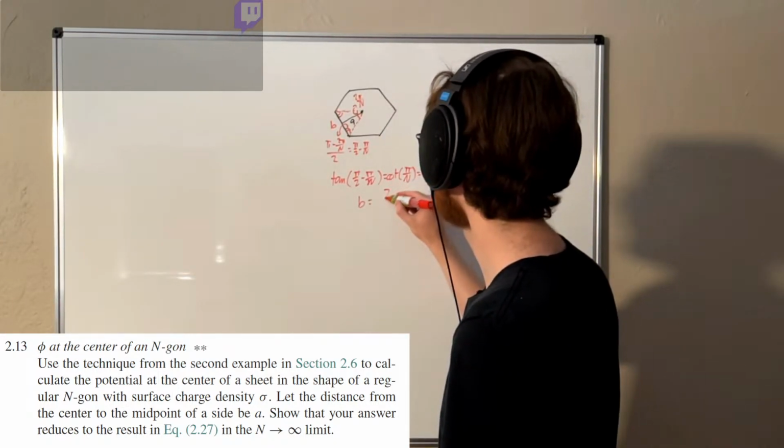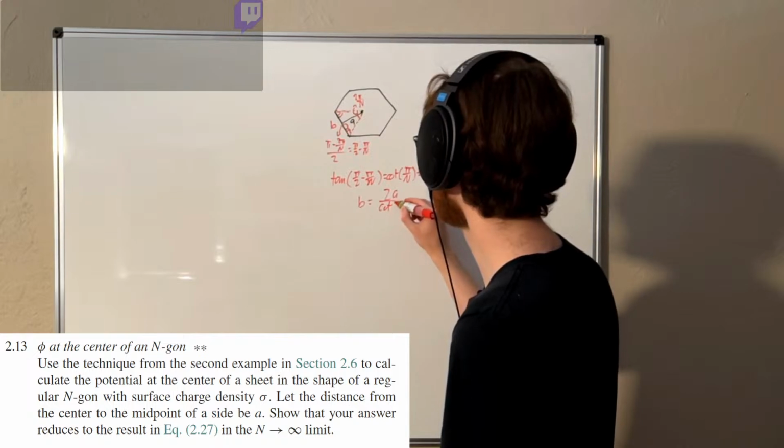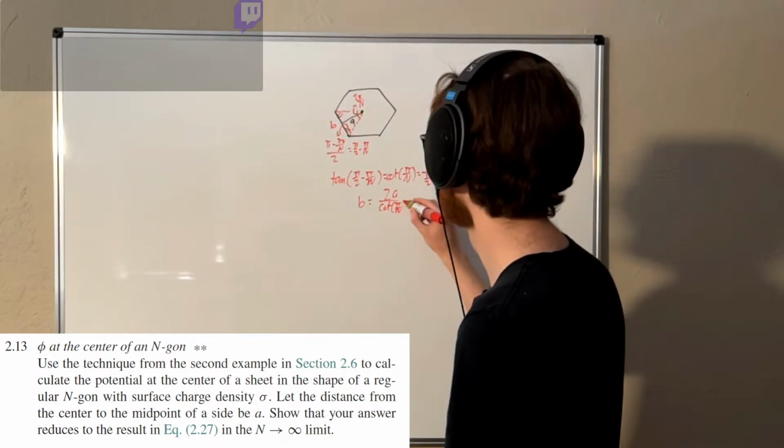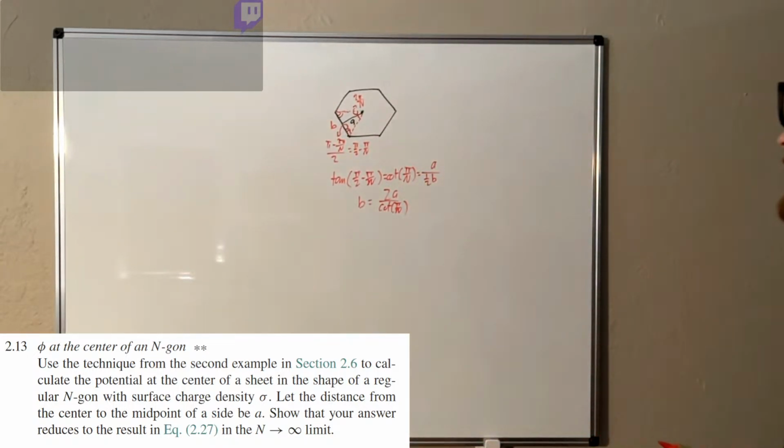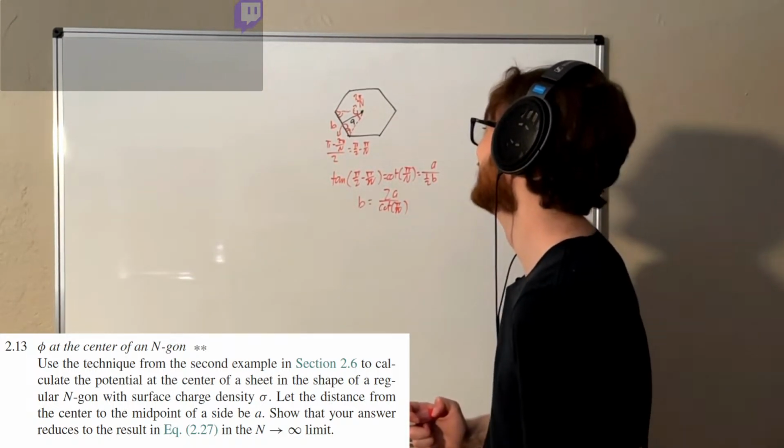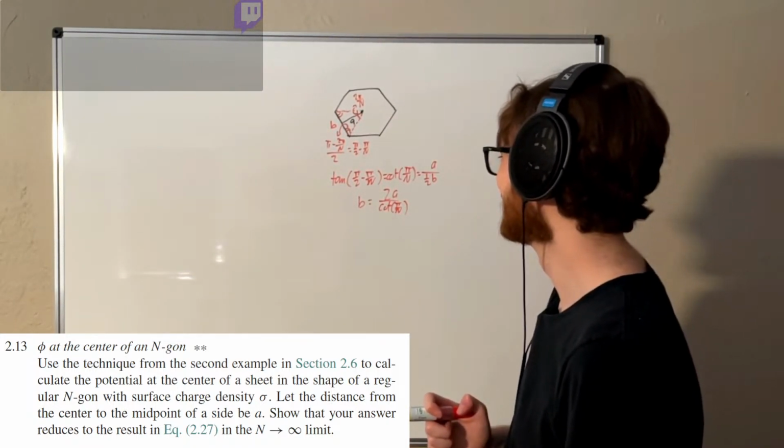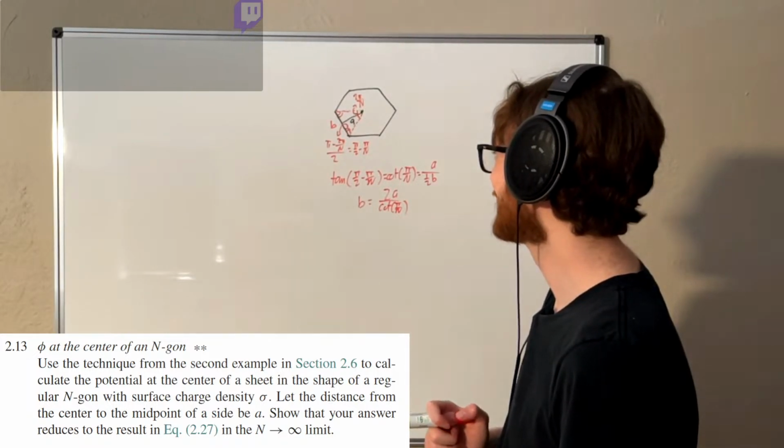I think it's 2A over cotangent pi over N. Cotangent is low-key slept on. I don't know. I'm okay with continuing to sleep on it.